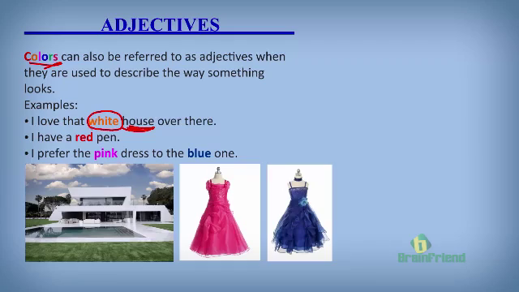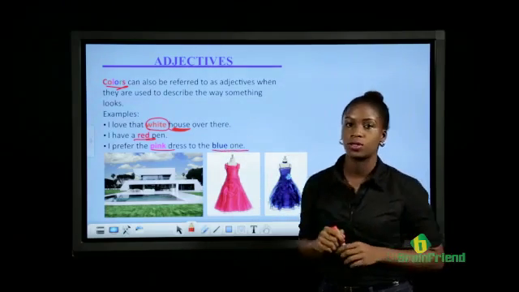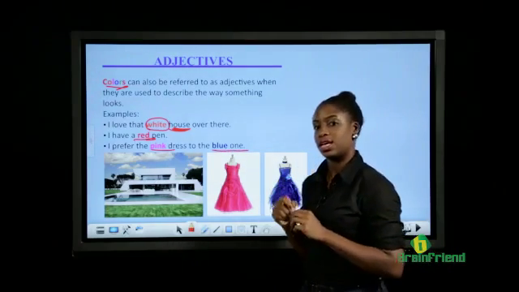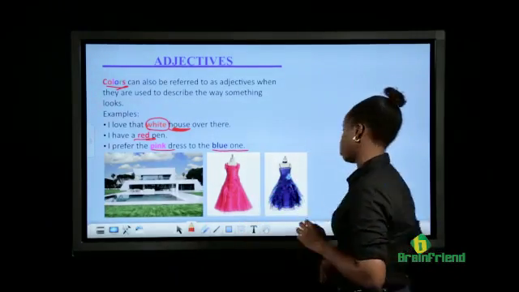White is a color, and it tells us the color of the house, which makes it an adjective. So colors can also be regarded as adjectives. I have a red pen. I prefer the pink dress to the blue one. Colors can also be regarded as adjectives when they tell more about a noun or pronoun.